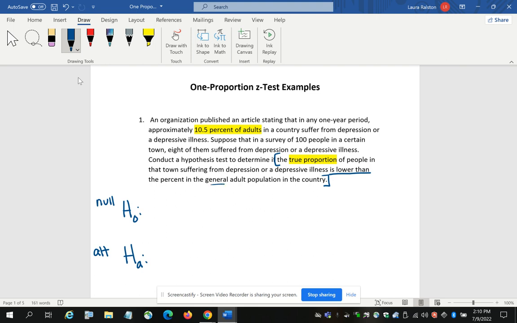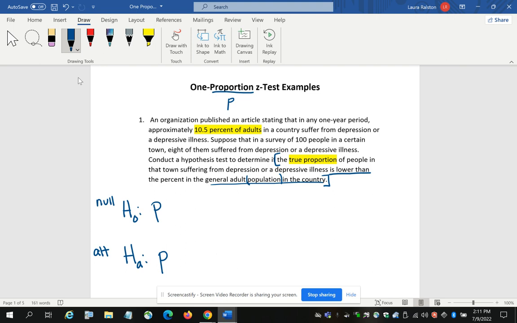So the general adult population here would refer to, again, the population. So we're looking for our population parameter. And because we're dealing with a proportion instead of the symbol for mean, we use a lowercase p. It is not a Greek letter, it's just a basic p. So our population parameter that's going to be in our hypothesis is a p.